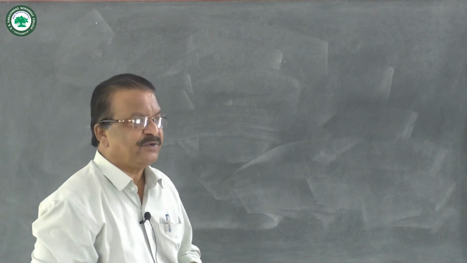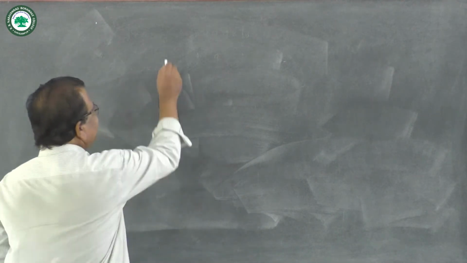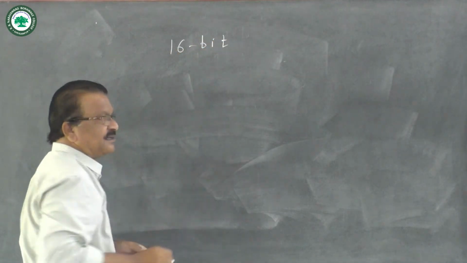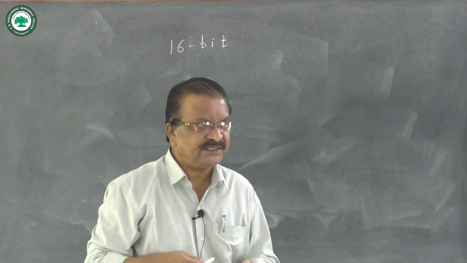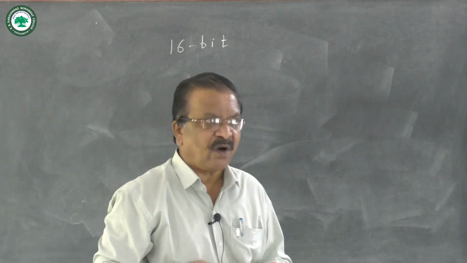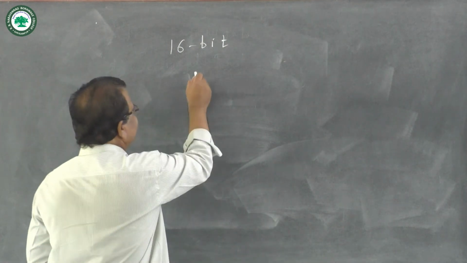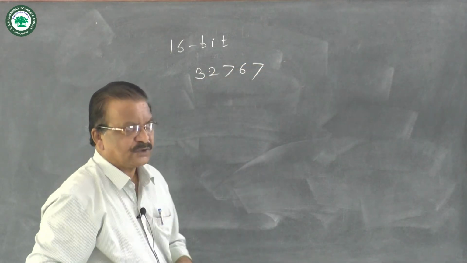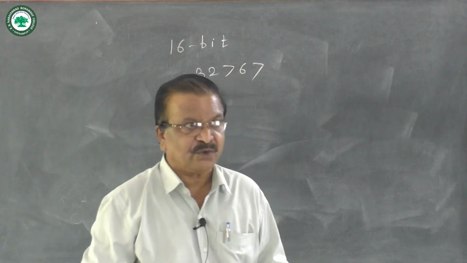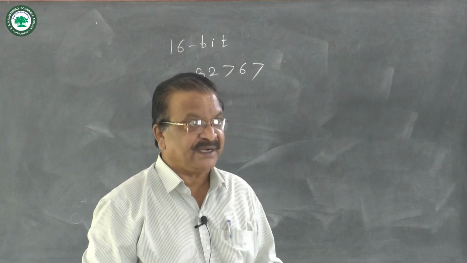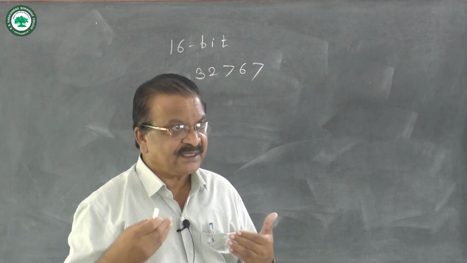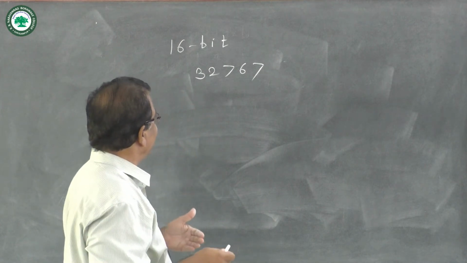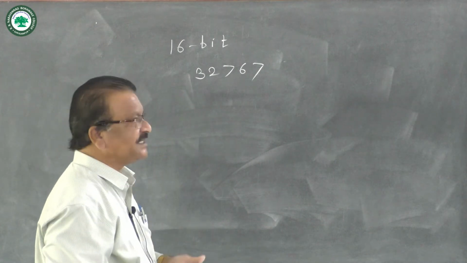For example, if you take a 16-bit machine, then the largest integer that can be stored on this machine is this number. It depends on the size of the compiler. For a 16-bit compiler, it is 32767.